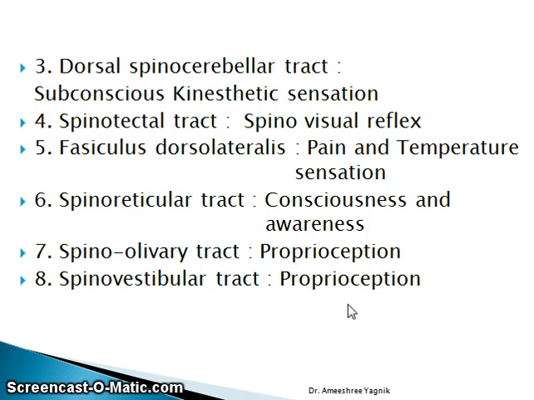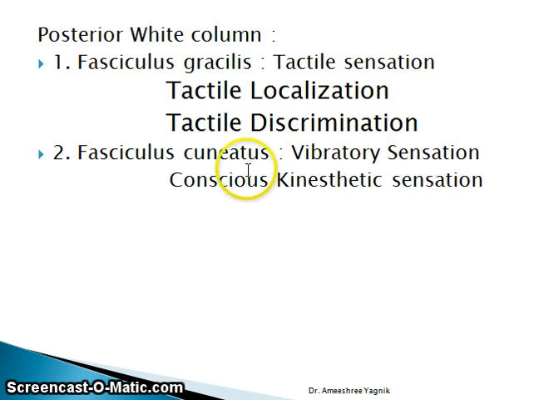Other than that there is the posterior white column, there is the fasciculus gracilis, main function is tactile sensation, tactile localization and tactile discrimination. And fasciculus cuneatus, vibratory sensation, conscious kinesthetic sensation. Now what is this tactile sensation? Tactile sensation is a somatic sensation which arises on the surface of the body.